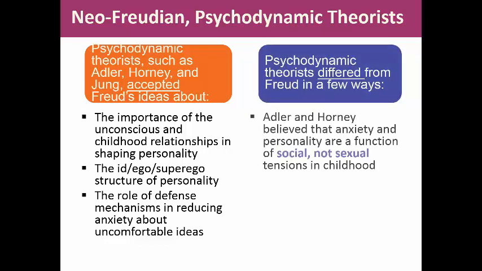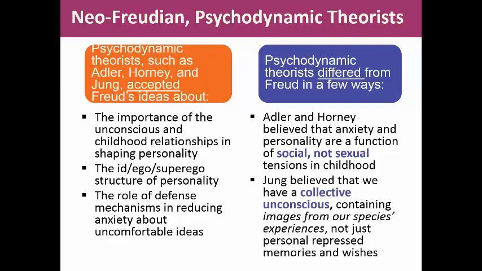But where they differed from Freud was in a few ways. For example, Adler and Horney believed that anxiety and personality are a function of social and not sexual tensions in childhood. So basically everything that Freud postulated was premised in these sexual desires, and they felt that wasn't necessarily appropriate.